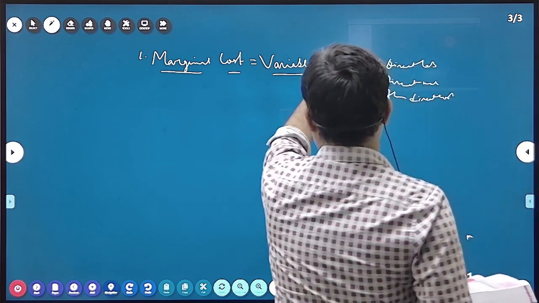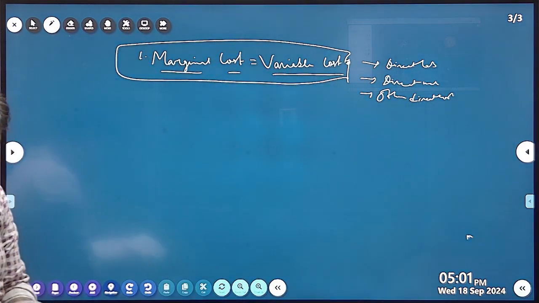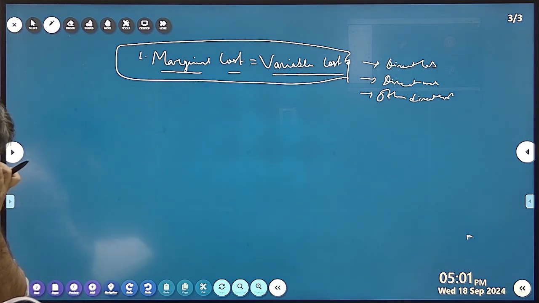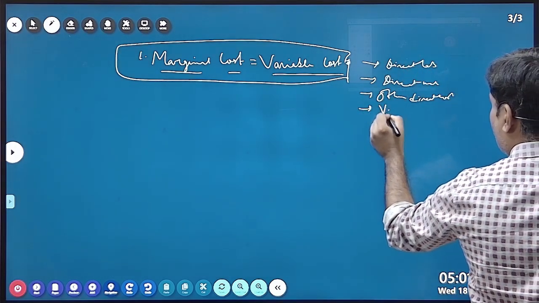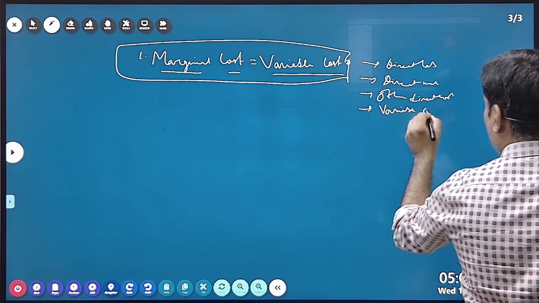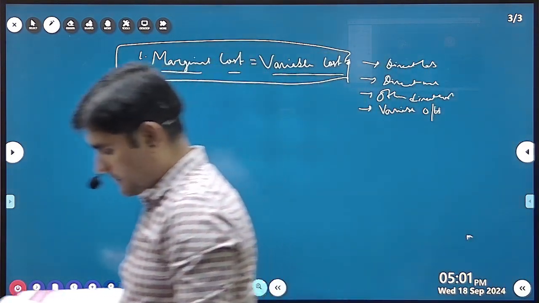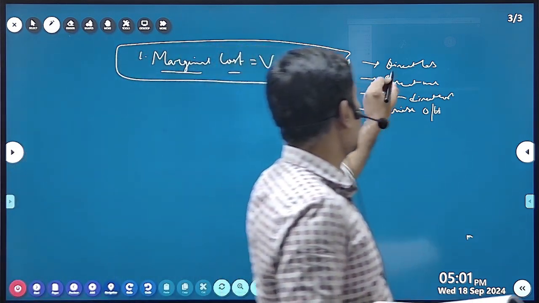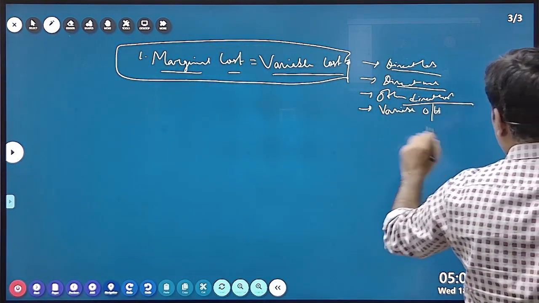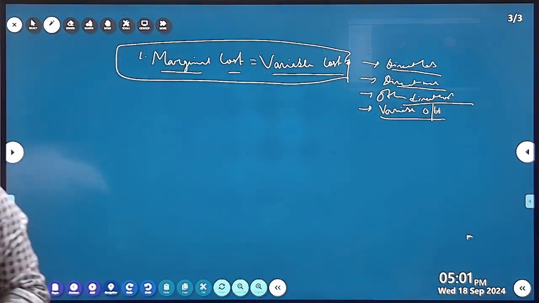So the first thing you need to know is that marginal cost means variable cost, and it includes direct labor cost, direct material cost, direct expenses, variable overheads. Okay.